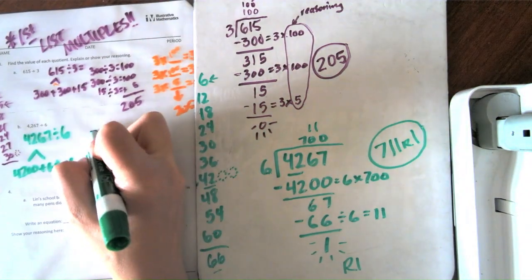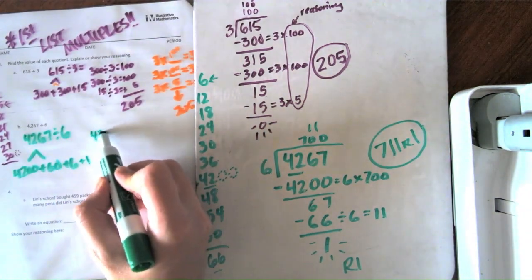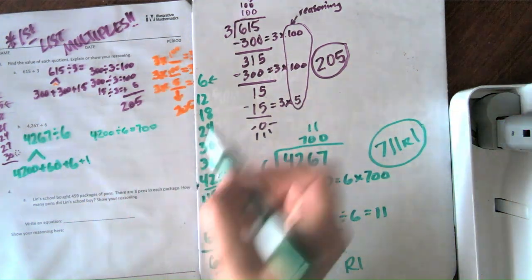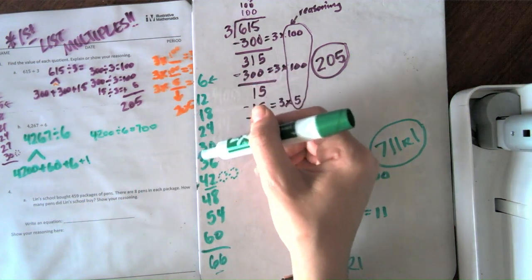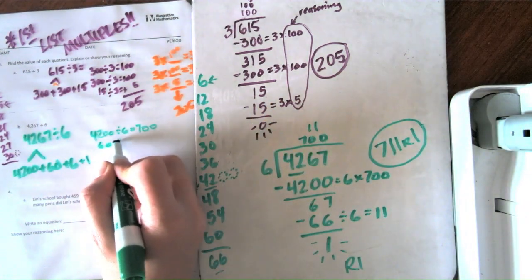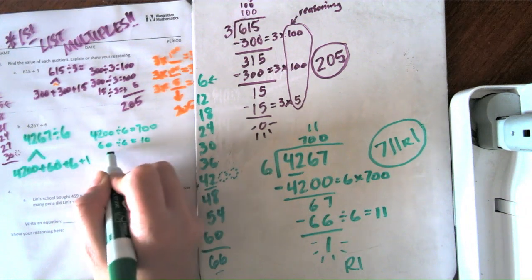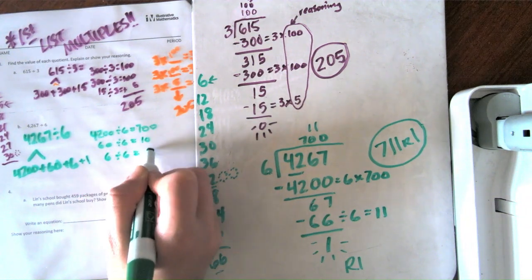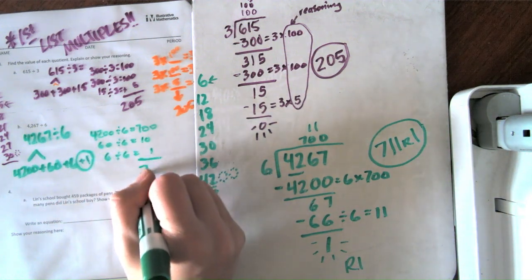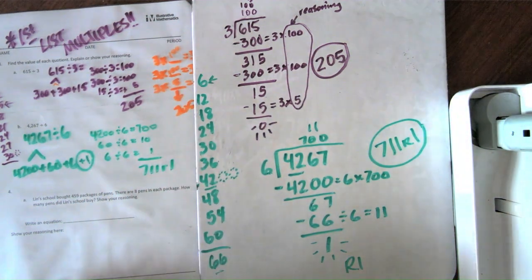So then I would take 4,200 divided by 6 equals 7 with 2 zeros. 1, 2, 3, 4, 5, 6, 7 with 2 zeros. And then 60 divided by 6 equals 10. And 6 divided by 6 equals 1. And then I have this remainder. So I would have 711 remainder 1.